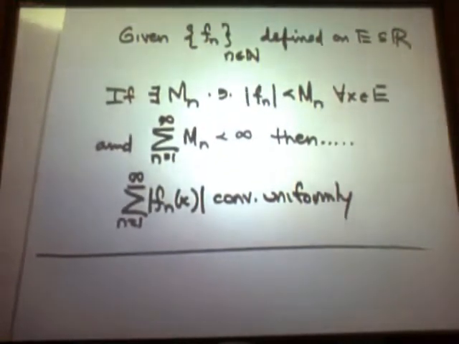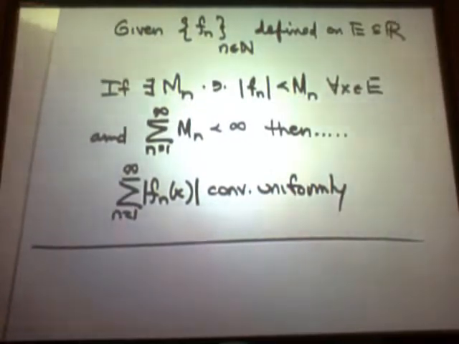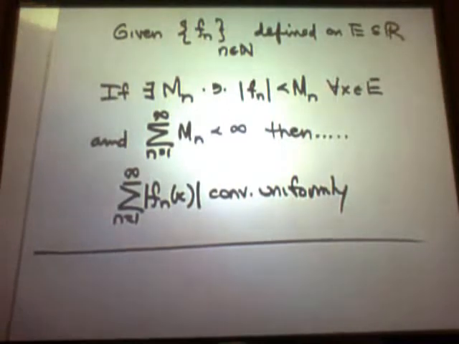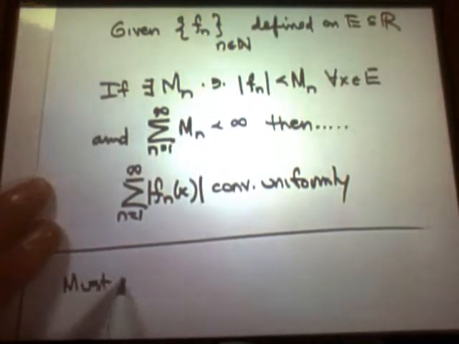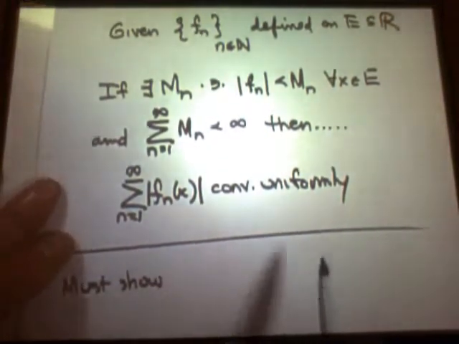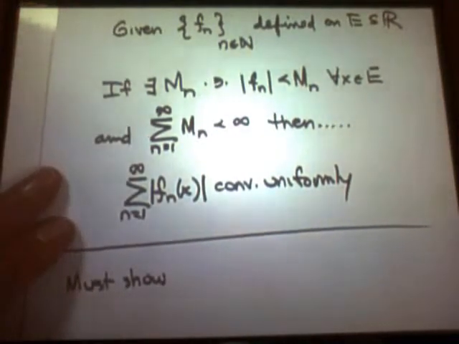So we got this. So this is a one-way proof, isn't it? How do we prove this? Well, what do we have to show? Must show. Well, what did do it for us?